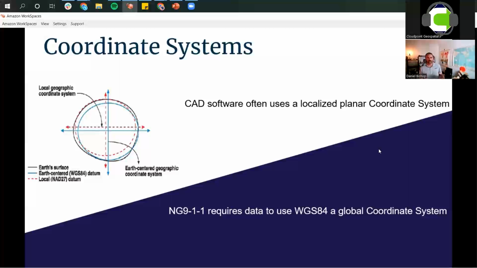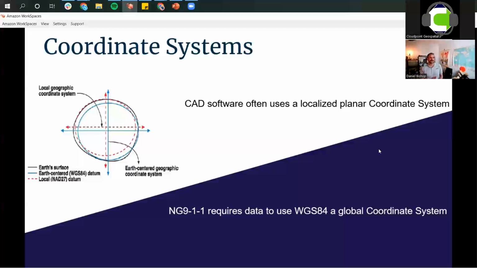This is because our local coordinate systems that we often use in GIS departments are meant to be A, as hyper accurate as possible, and B, very easy to use. And a big thing that we want to use coordinate systems for is measurements. So if we have a two-dimensional plane coordinate system, we can easily measure distances within that coordinate system.